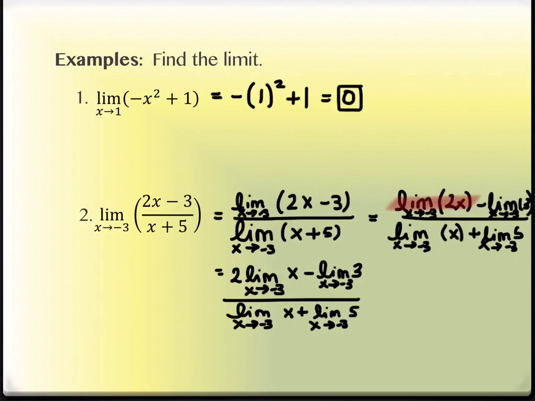Okay? And then we can actually use the basic properties, numbers 1 and 2. Number 1 for the constants, that's the 3 and the 5 at the end. So this one becomes a 3 and this one becomes a 5.